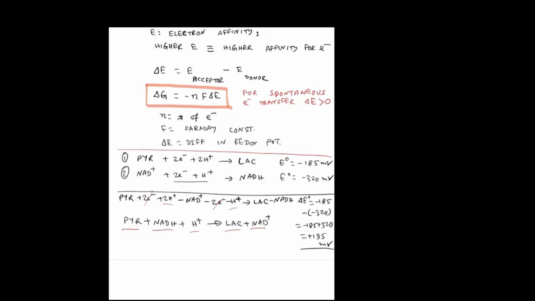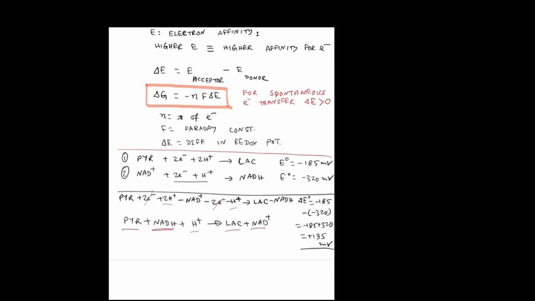So because pyruvate to lactate is a reduction process, we must have NADH on the left side of the equation, right? So the delta E is going to be plus 135 millivolts. That's why it is going to be a spontaneous process, right?